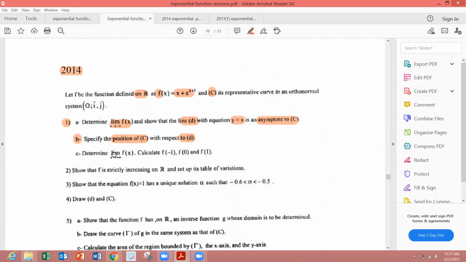Calculate the limit as x tends to plus infinity of f(x). How much is the limit as x tends to plus infinity? We get plus infinity. And we need to calculate f(-1), f(0), and f(1).